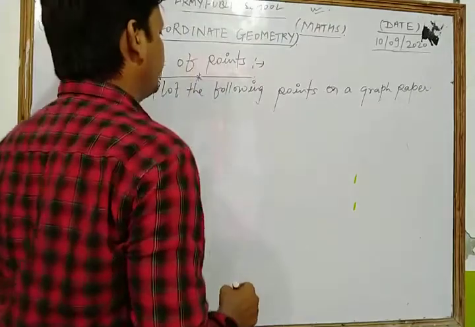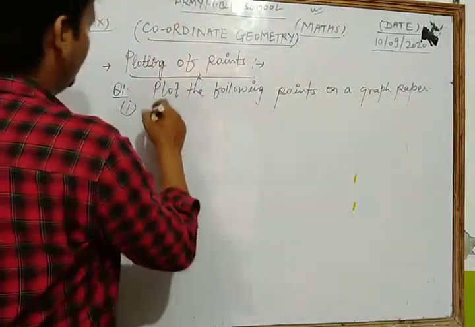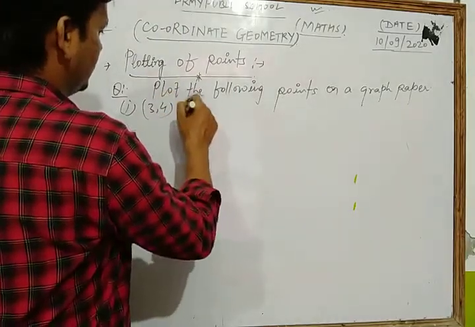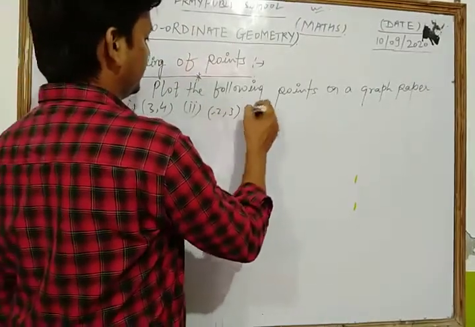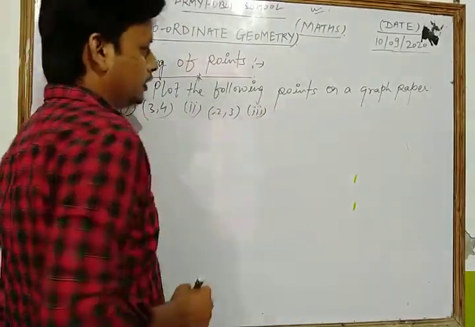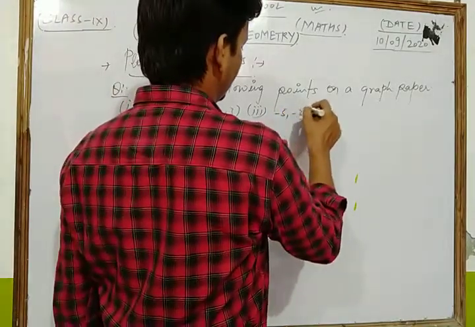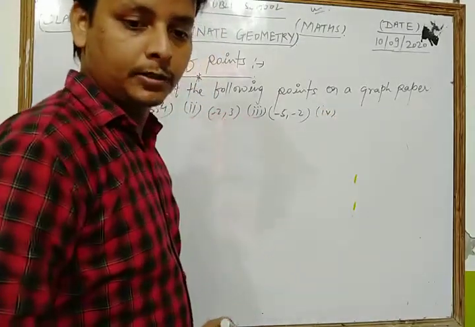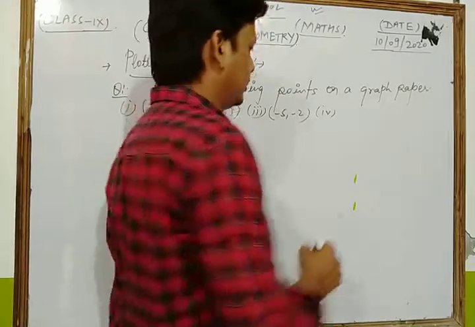Your points are, first one is what? 3, 4. Second one is what? -2, 3. Third one is what? -5, -2. Fourth is what? 4, -3.